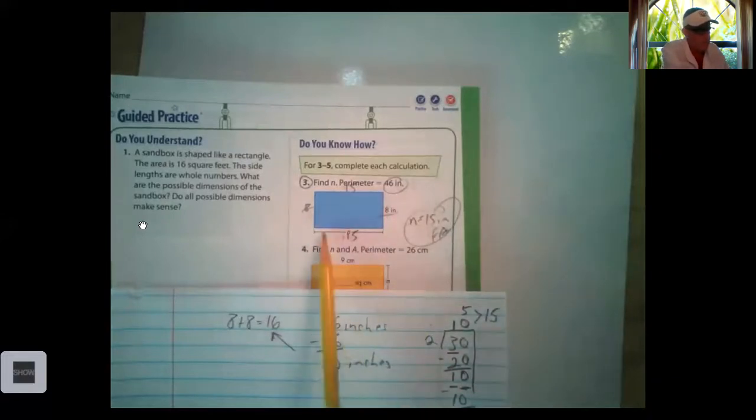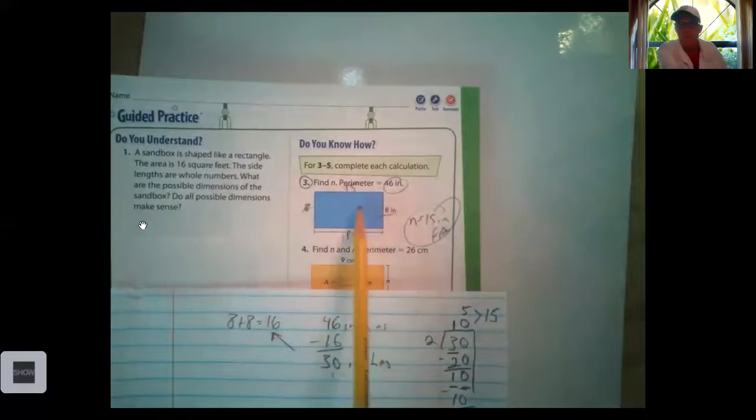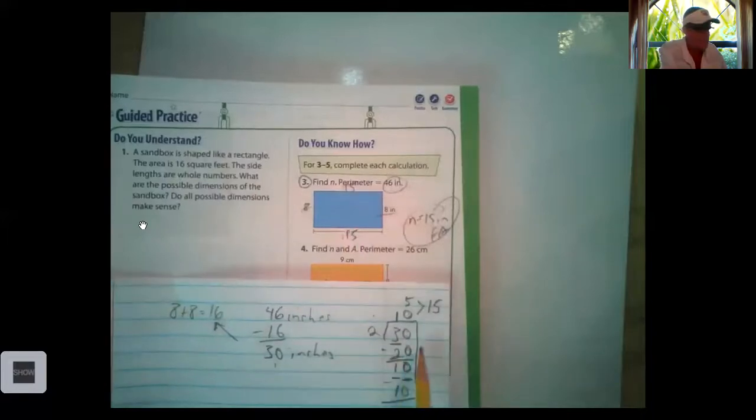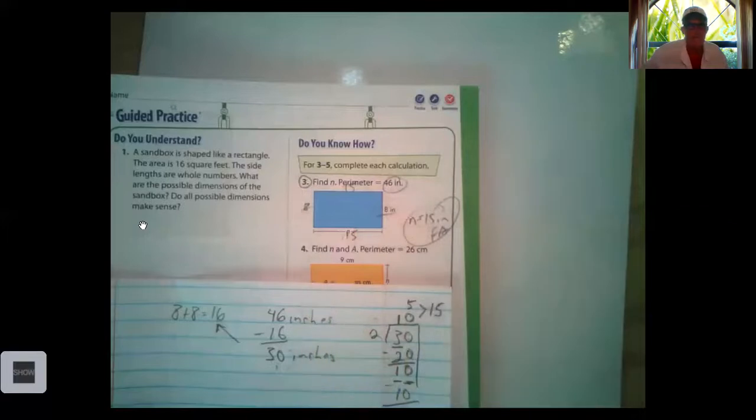We took our perimeter of 46, and we took the 16 that we knew about, and that left us with 30 inches that was unaccounted for. So this side and this side must equal a combined length of 30 inches. So I have to divide it by 2, so each side is worth 15 inches. That is how we get our width.